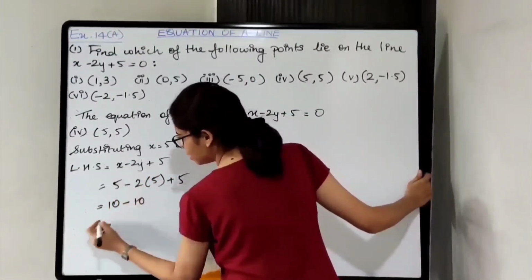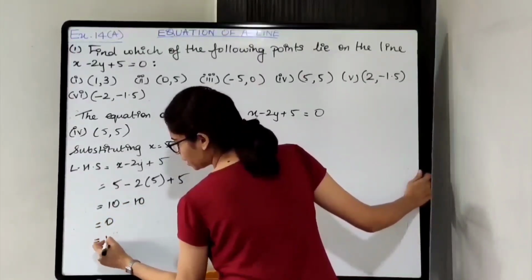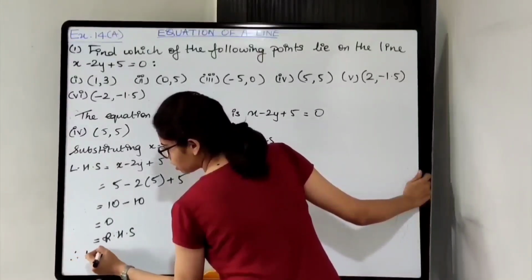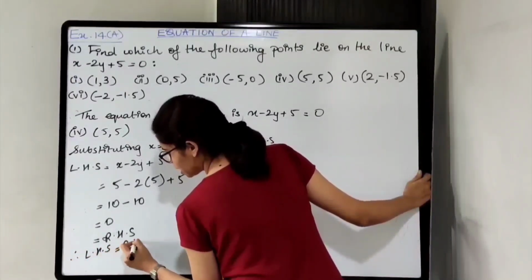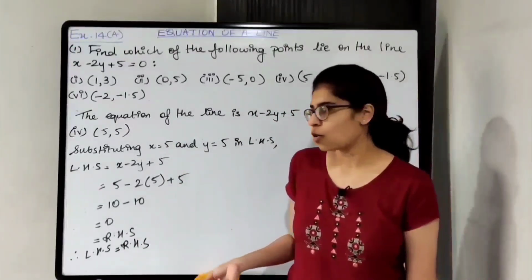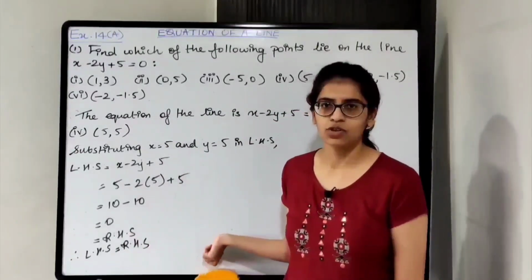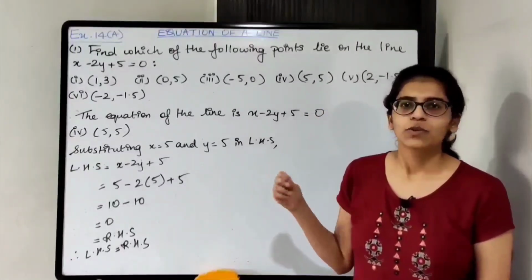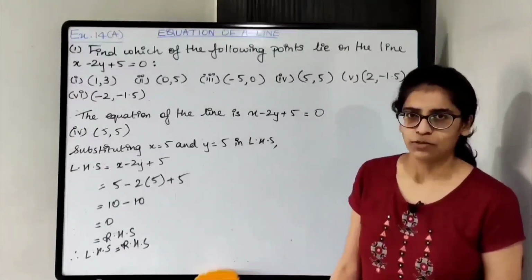Minus 2 5s are 10. So we are getting 0. That is, it is equal to RHS. Therefore, LHS is equal to RHS, and you know what statements to write further. Therefore, the coordinates of the point satisfy the equation. Hence, the point lies on the line. And write down the equation x minus 2y plus 5 equal to 0.